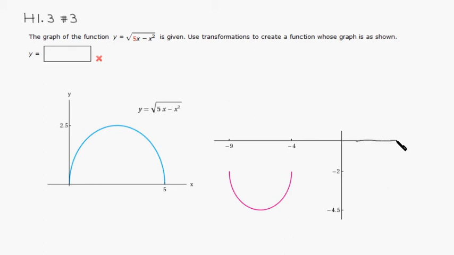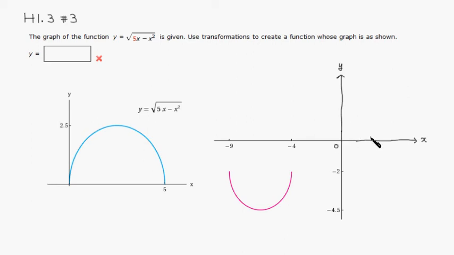It's not that pretty, but here's x, and here's my y-axis extended. Then the graph is going to go through the origin. So the origin is right here. So the original graph is going to look like this.